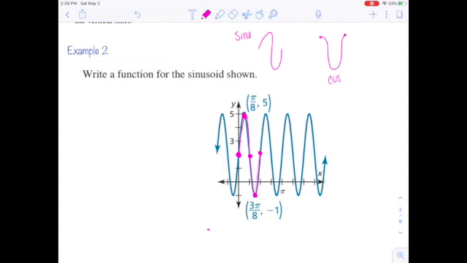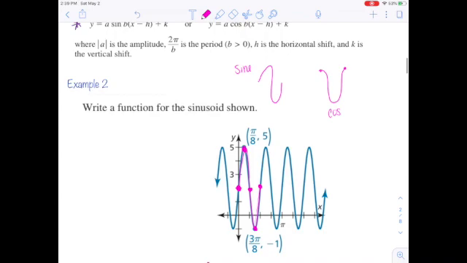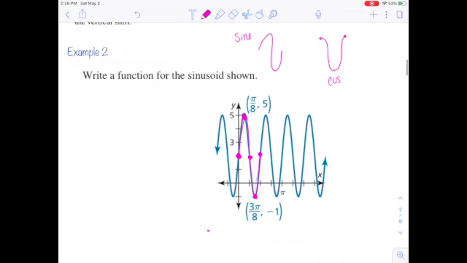All right, so let's figure out what we need to find here. We need our amplitude. So where do you want to start? We can go for our period. You can just find all your a, b, h, and k. I'll start with my amplitude. I take a look.